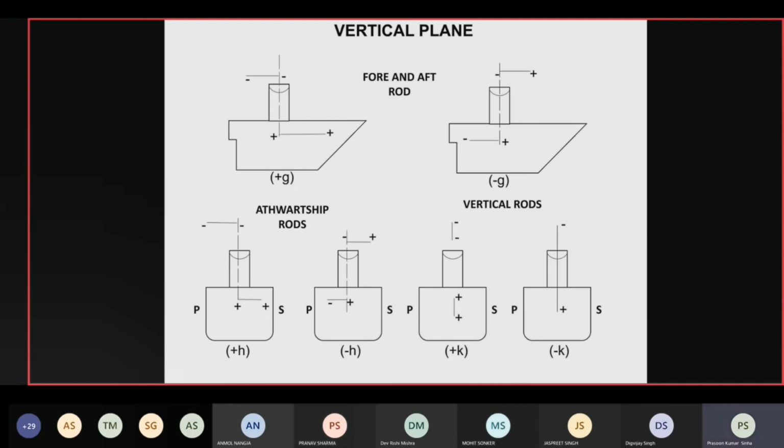Some of them produce cos of twice the course. Some of them produce sine of twice the course. So we need to have a single formula which incorporates the effects of all these 9 rods.